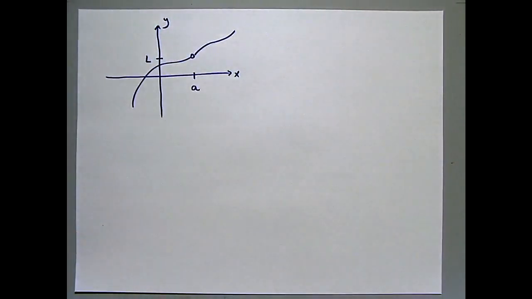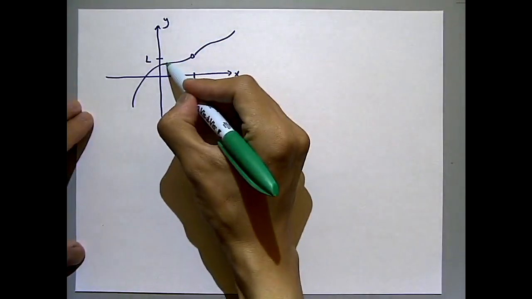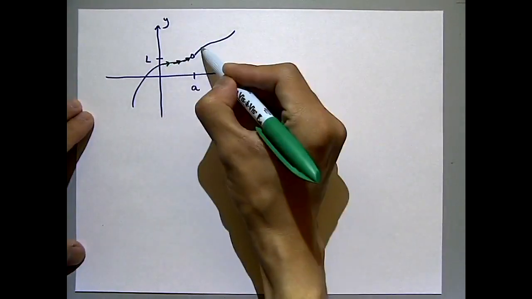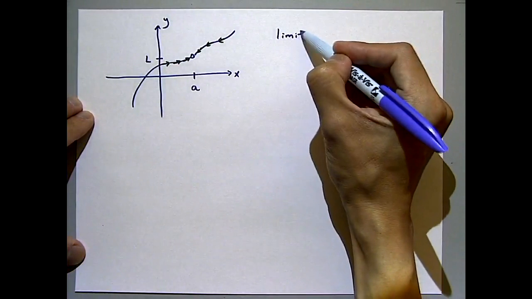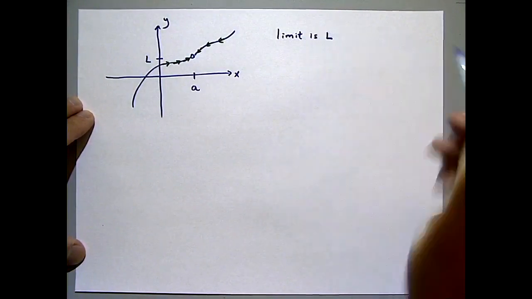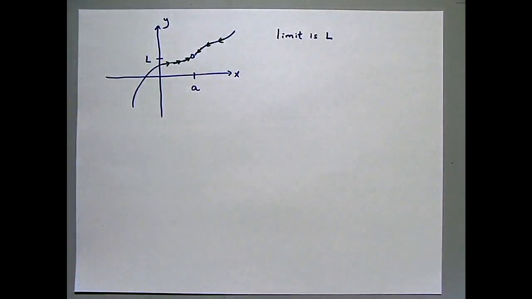here we have the same graph, but that point at x equal to a is deleted. And in this case, you've got to remember that taking the limit, letting x get close to a, means that we don't want x to be a.